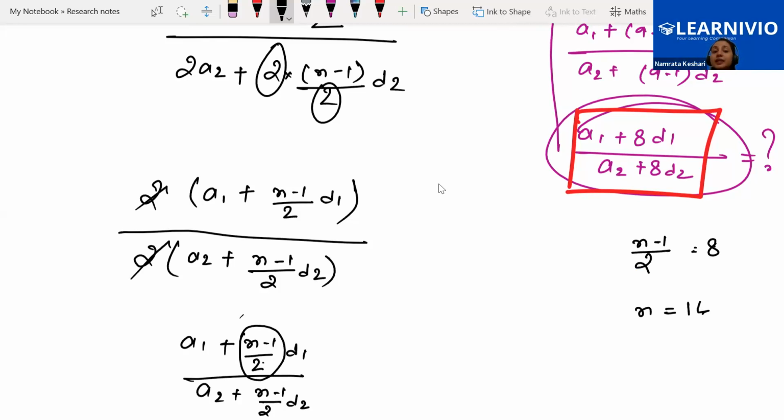We want to create 8 at the place of (n minus 1) by 2, so that directly we will be able to say this is the ratio between the ninth term. So let's take (n minus 1) by 2 is 8, then the n value will be 16 plus 1, n value will be 17, right?